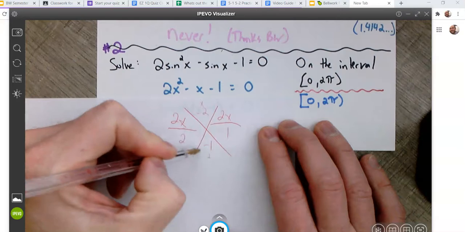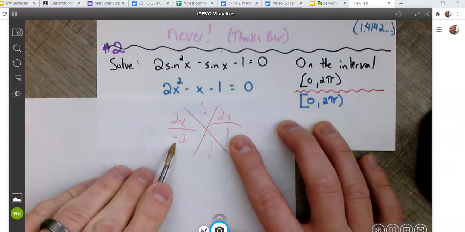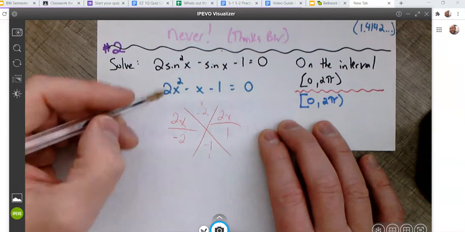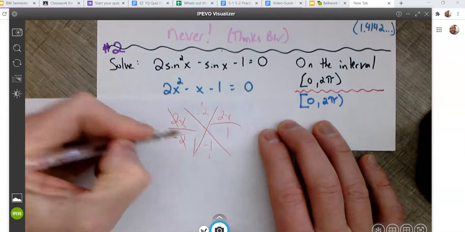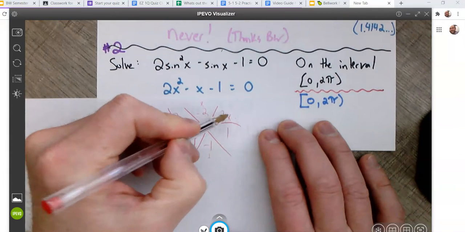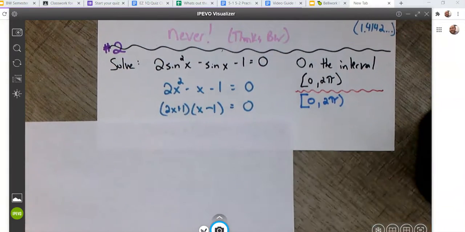And they need to add to negative 1, so this one has to be negative. Now these two numbers multiply to negative 2 and add to negative 1. Perfect. From here, we simplify the fraction, and I would get x minus 1. This I can't simplify, 2x plus 1, and we're dancing. So we factored it: 2x plus 1 and x minus 1.